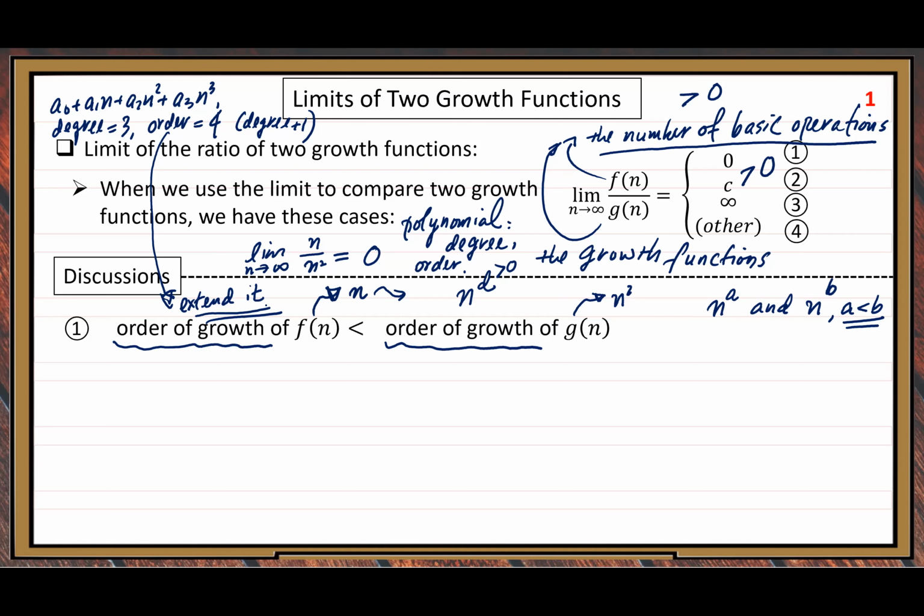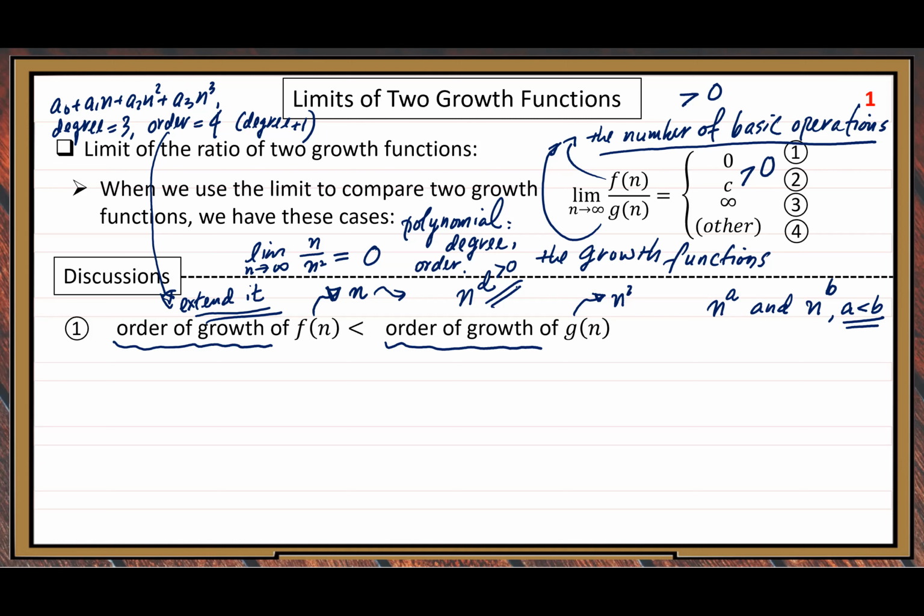So this D, the only requirement is that it's a positive number. With this background, now you can see it is quite natural. We call them the order of growth of f of n and the order of growth of g of n. Then that limit 0 tells us the order of growth of the first one should be less than the order of growth of the second one.